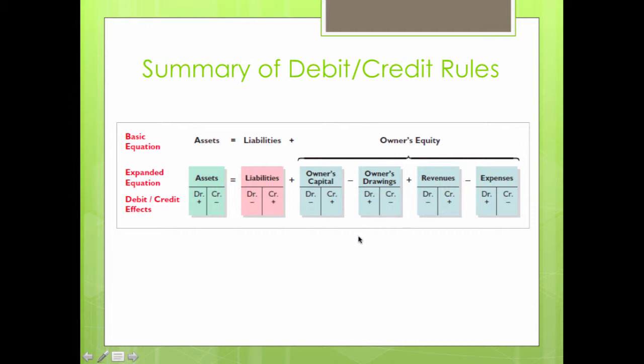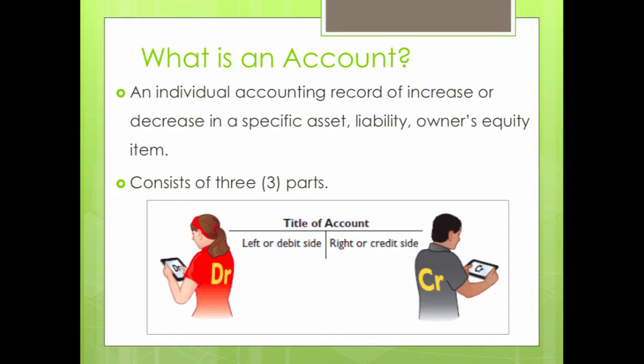So what is the point of this? I need you to erase that debit means negative and credit means positive. I need you to erase that from your brain and only remember that debit is the left side and the credit is the right side of the account.